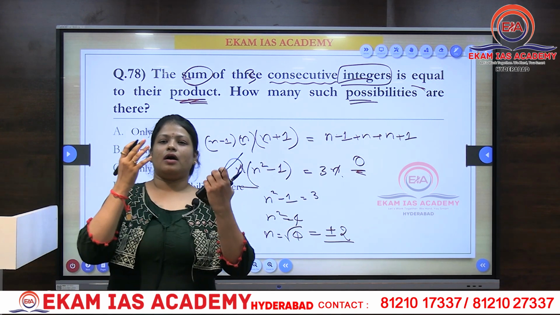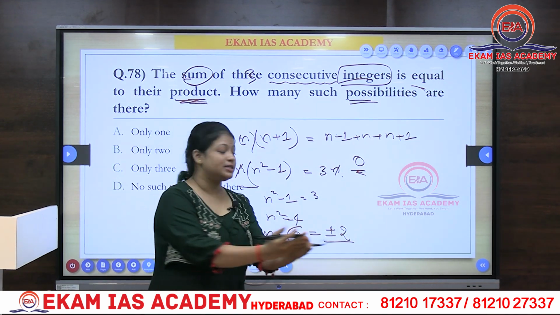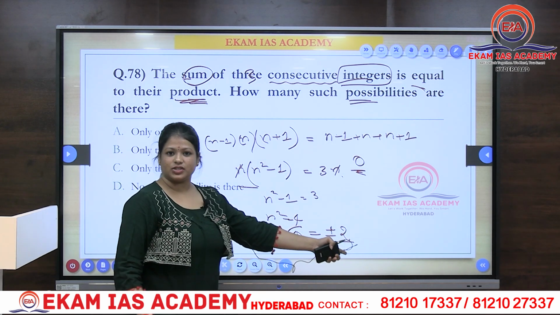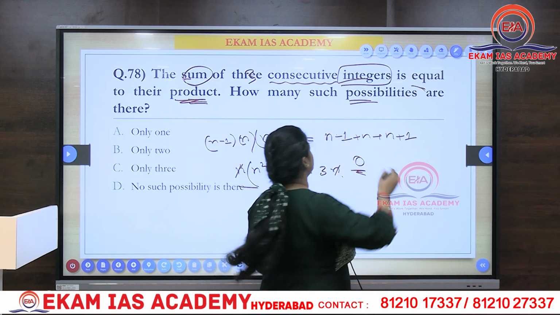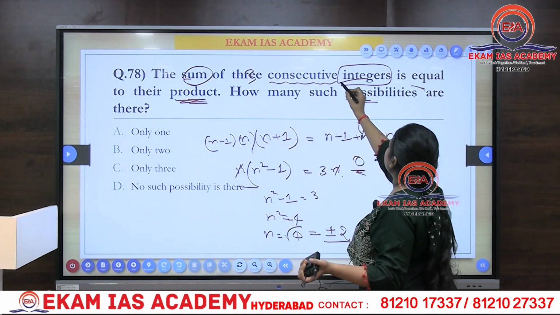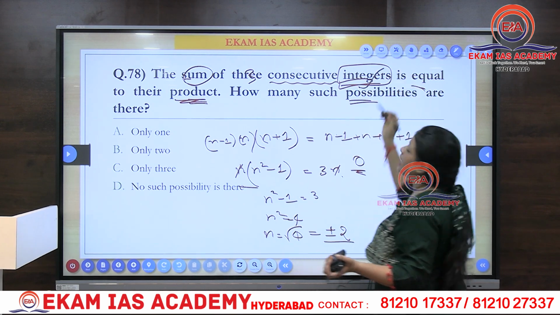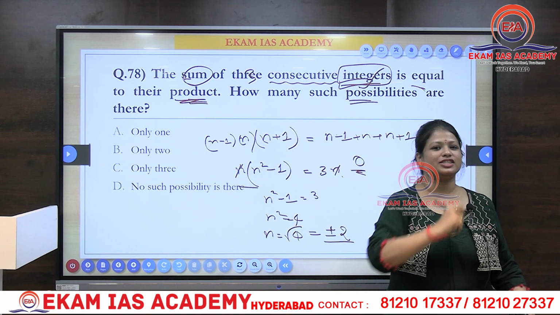If we take whole numbers, natural numbers or positive numbers, we would have taken only plus 2. But the person who has given the question paper mentioned integers. Integers are negative numbers, positive numbers and 0.